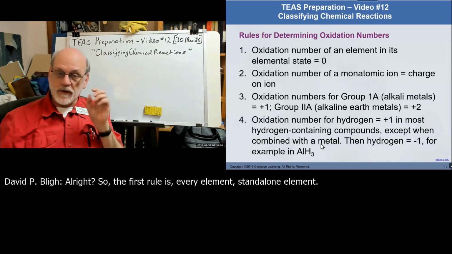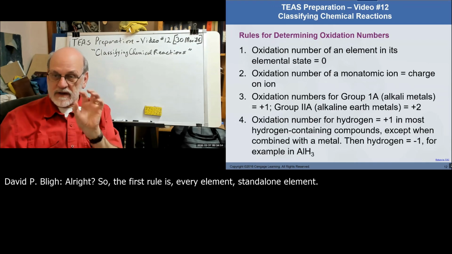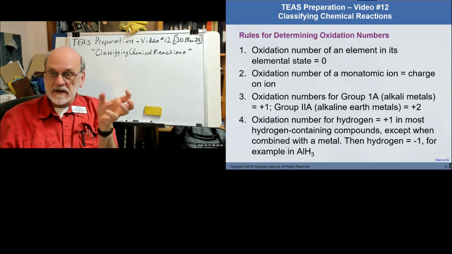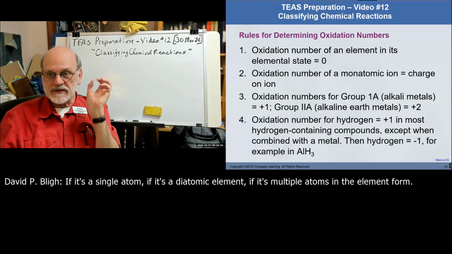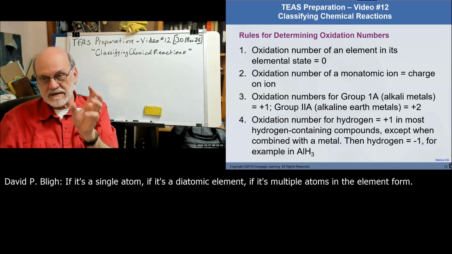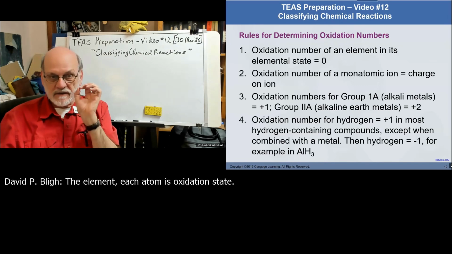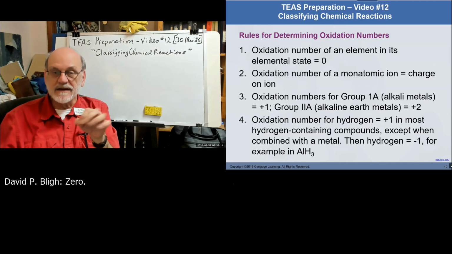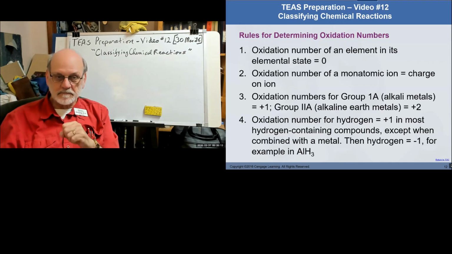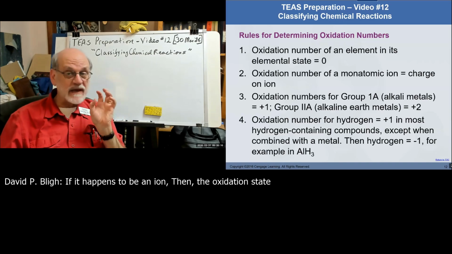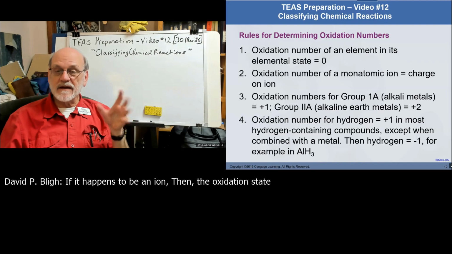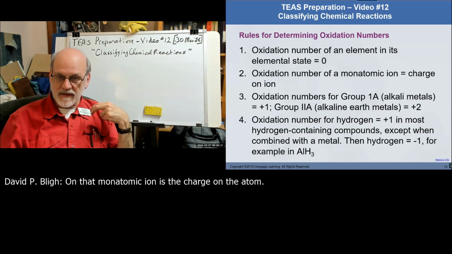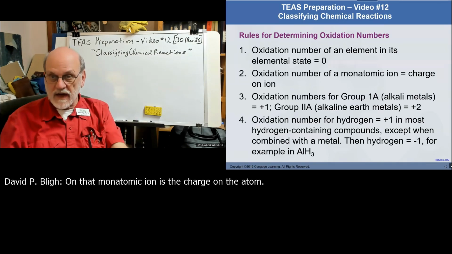All right. So the first rule is every standalone element, if it's a single atom, if it's a diatomic element, if it's multiple atoms in the element form, each atom is oxidation state 0. If it happens to be an ion, then the oxidation state on that monatomic ion is the charge on the atom.